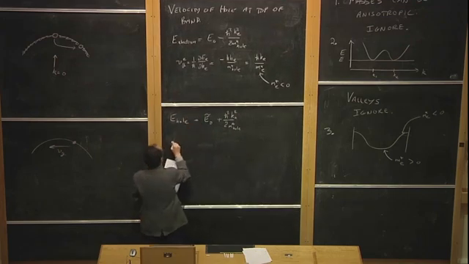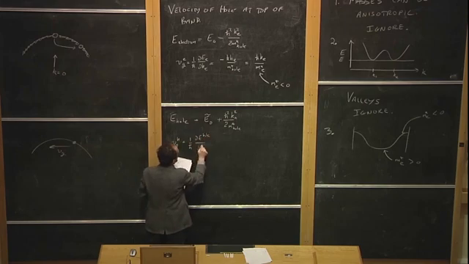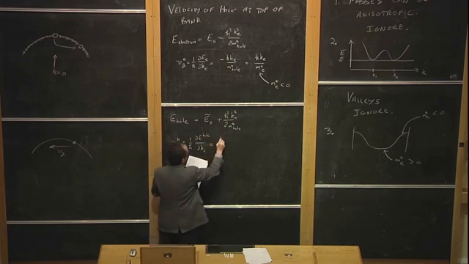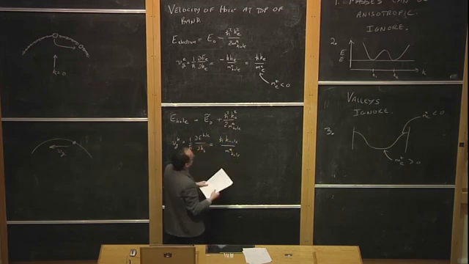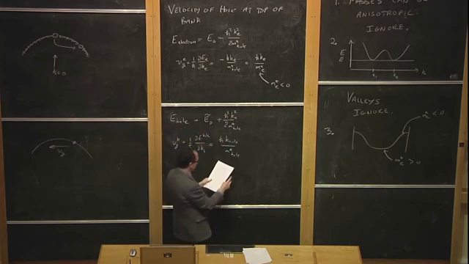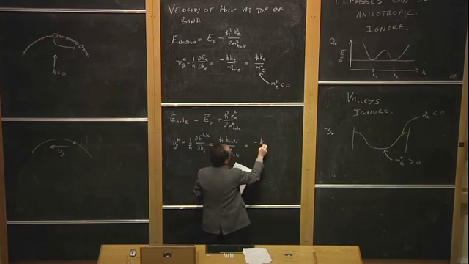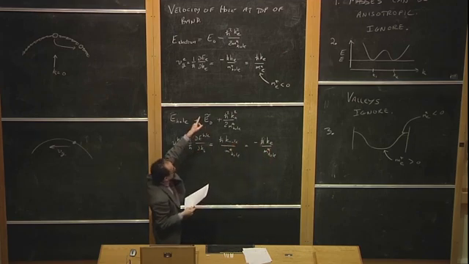So the group velocity, V group hole, equals 1 over h bar dE hole dk hole equals h bar k hole over m star hole. And k hole, we just decided, is the same thing as minus k for the electron. So this is the same thing as minus h bar k electron over m star hole, which is in fact the same thing we just calculated up here.